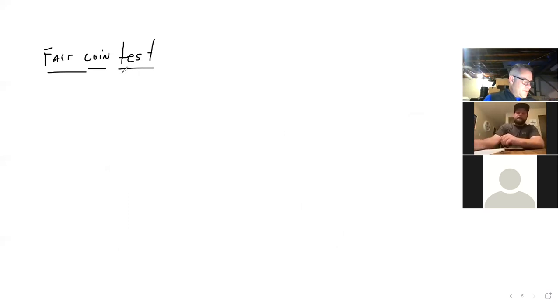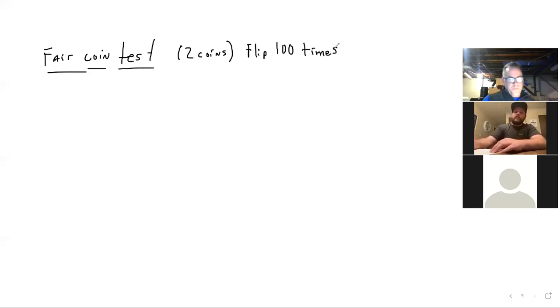So let's say we toss two coins 100 times. So 100 times I will flip each of the 2 coins. You can even flip them simultaneously.